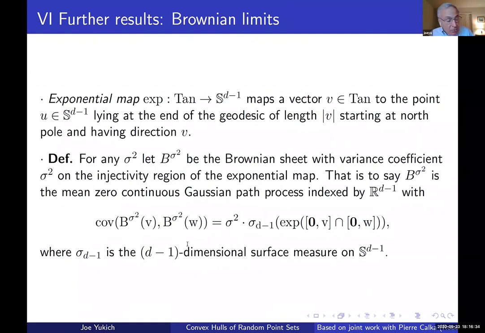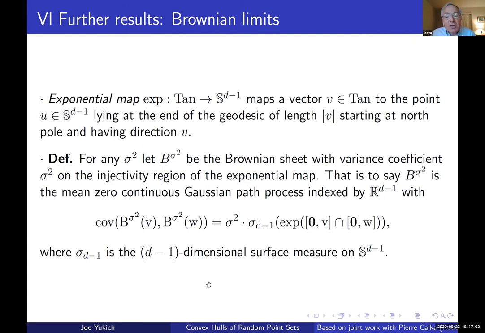Let's conclude with one last result here. We've already introduced this exponential map, and now using the exponential map, let's define the following Brownian sheet. Given any parameter sigma squared, we consider the Brownian sheet with variance coefficient equal to this parameter.